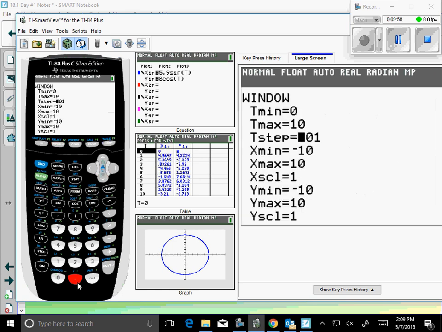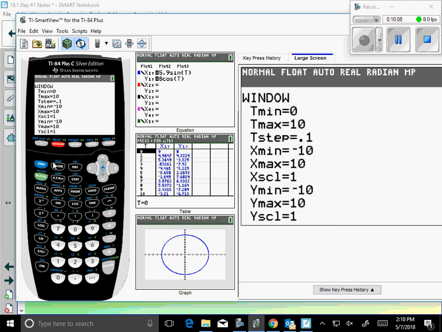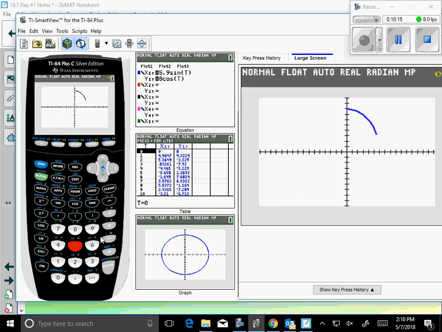Do 0.1. There we go. Okay, so it looks like a circle, but it's actually an ellipse, and here's why. I'm going to go zoom square. There it is. Right, so it's 5.9 in the x direction both ways. It's 8 in the y direction both ways. I get an ellipse. Do you get an ellipse?